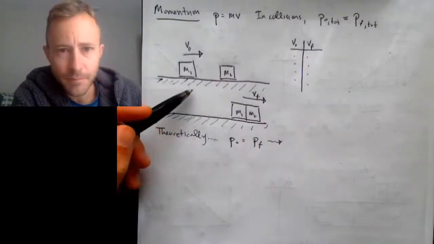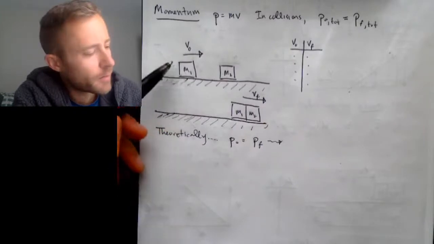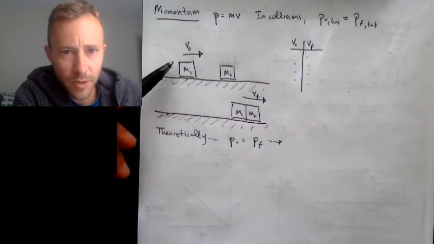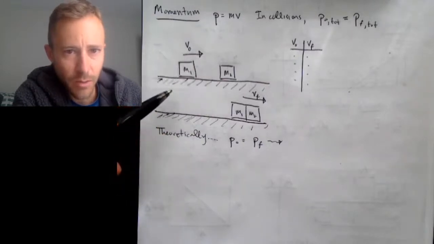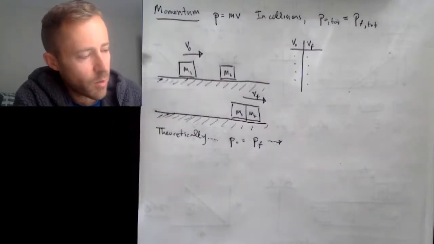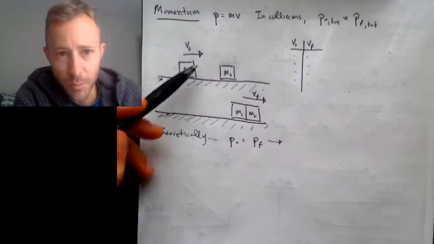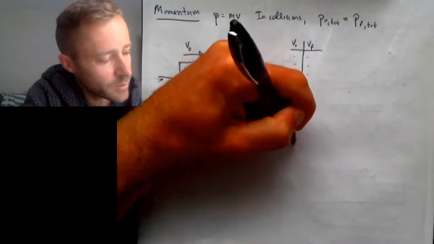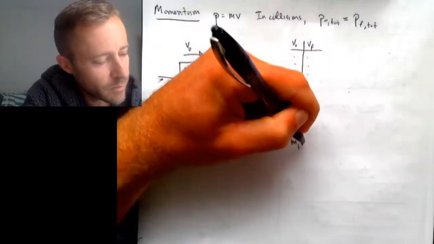Then the initial momentum is carried only by block 1 because block 1 is the one that is moving. Block 2 starts out at rest. So my initial momentum is m1 v initial.